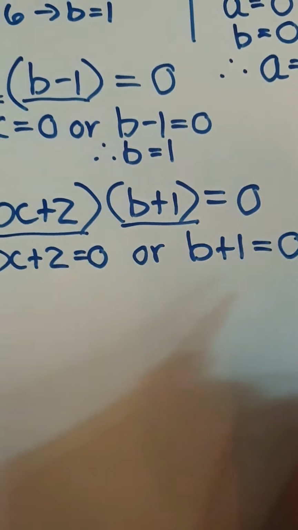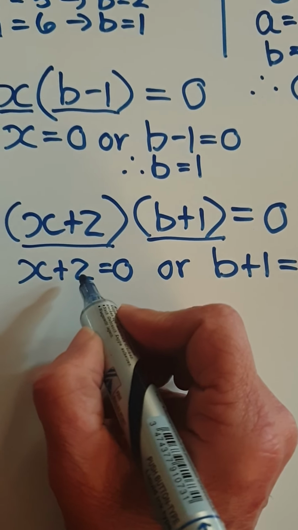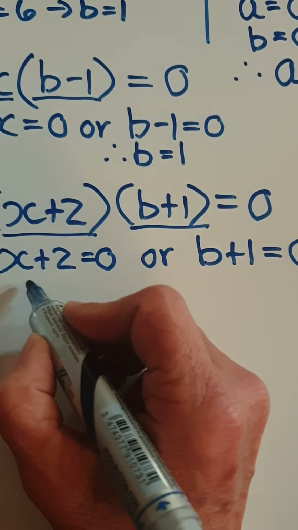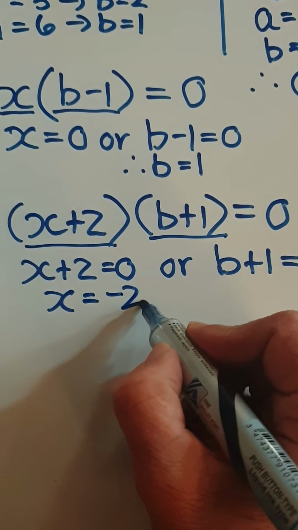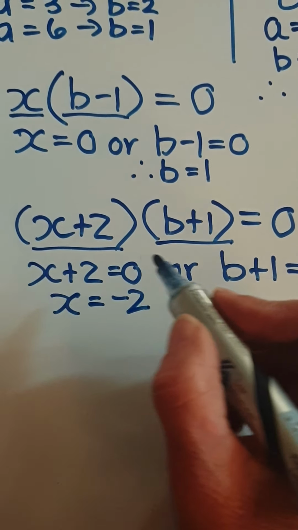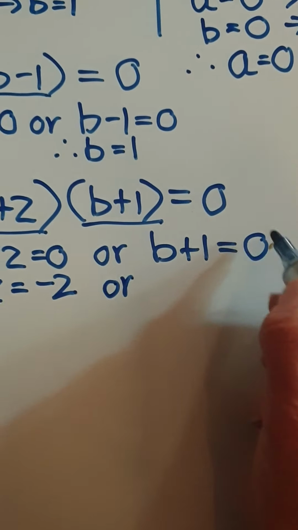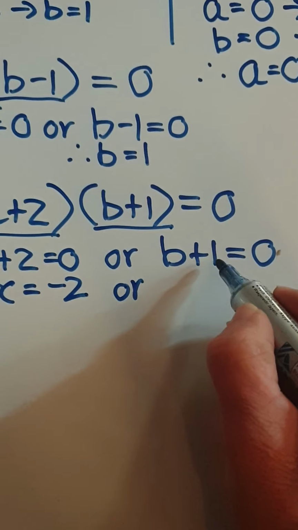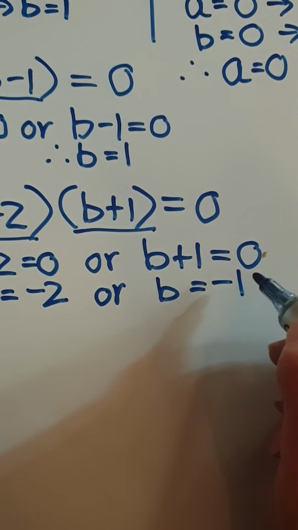So it's easy to solve now. What must x be in this bracket to make it 0? Yes, x must be negative 2, because negative 2 plus 2 gives you 0. And for the other factor, what must b be? b must be equal to negative 1.